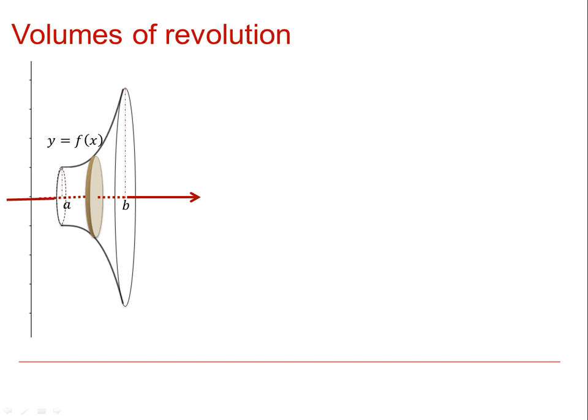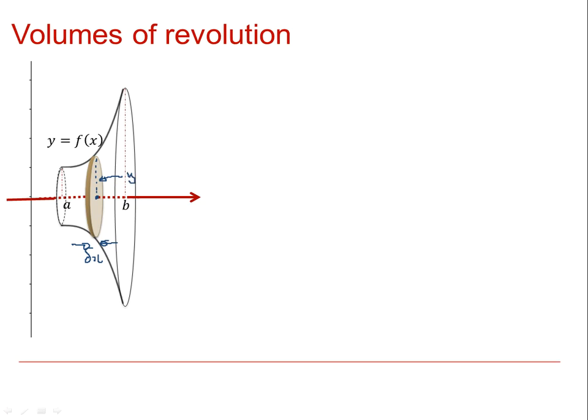So here we can see that we have the disk produced by the curve rotated. Now the actual disk itself has a width delta x, and the area of the disk is made up from pi r squared, where the r here is equal to the y value.